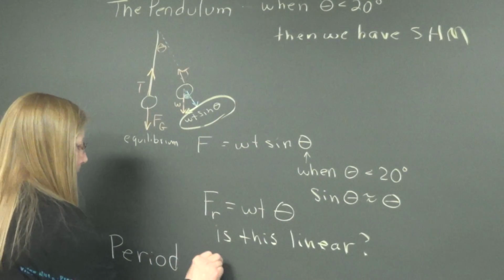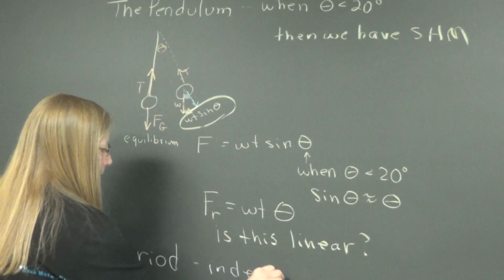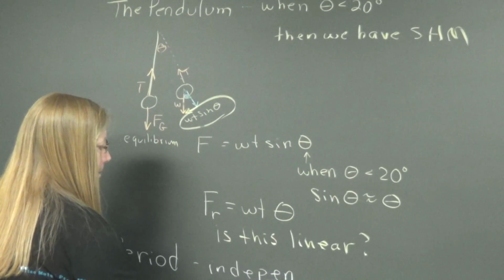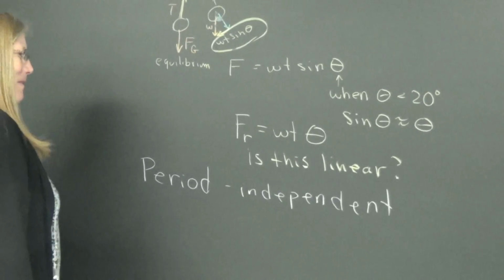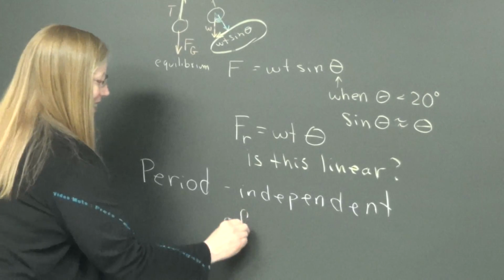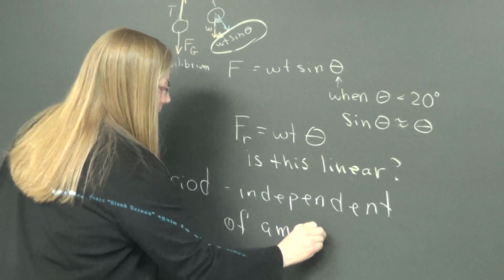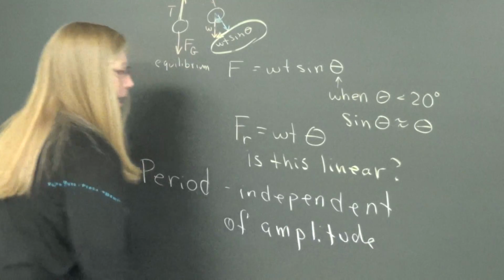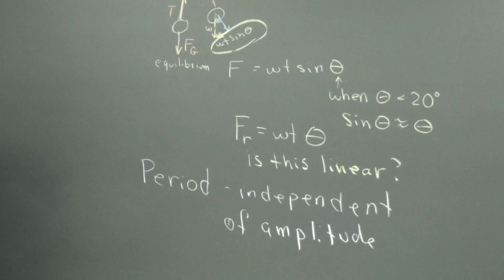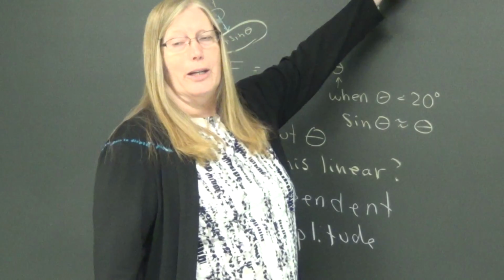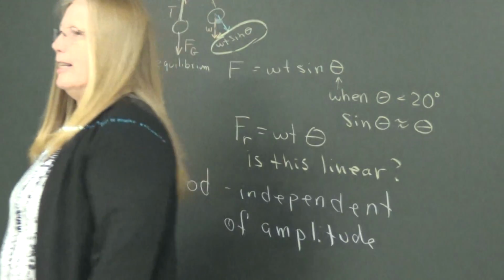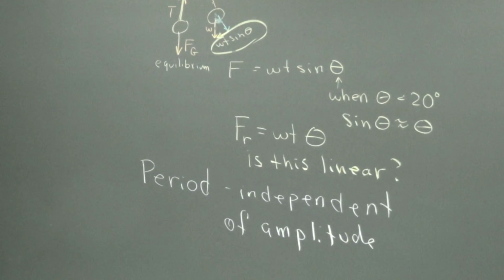Period independent of amplitude. Just like it didn't matter for the mass spring, it didn't matter for the pendulum how far we pulled it, as long as we stay within 20 degrees. So that doesn't give us a lot of degrees, but that's where it works.